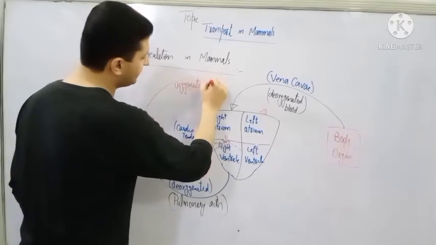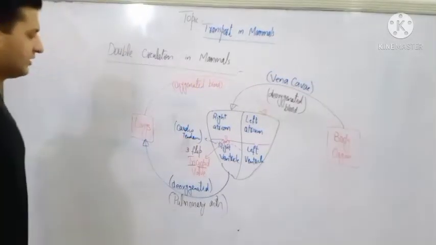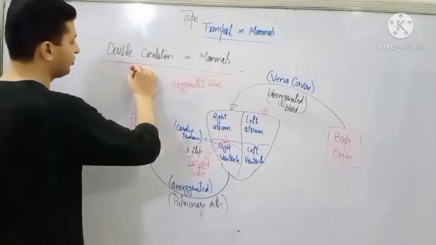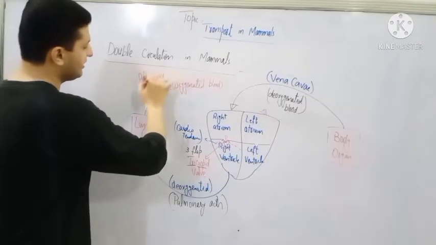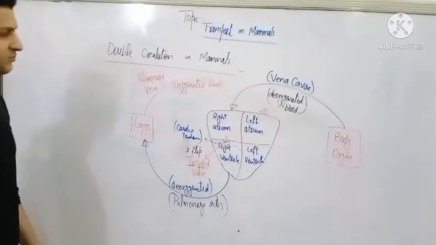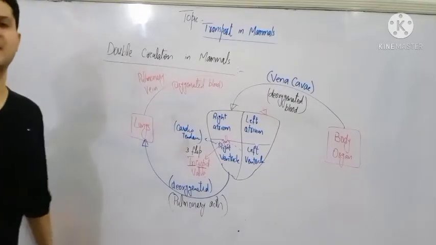Oxygenated blood means it is enriched with oxygen, and the vein through which it moves is known as the pulmonary vein. This is the only vein, the pulmonary vein, which contains oxygenated blood.